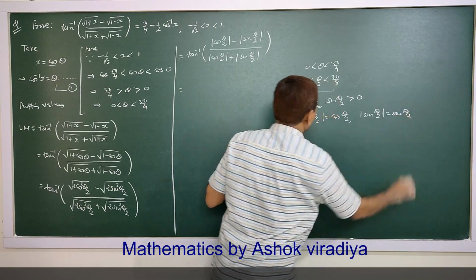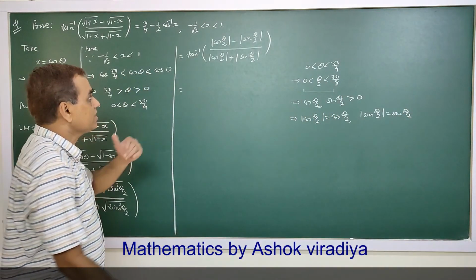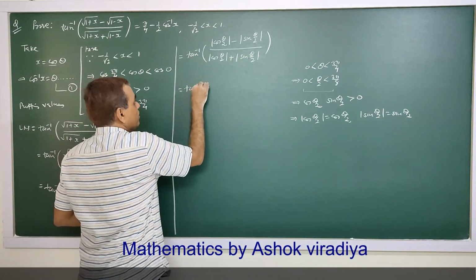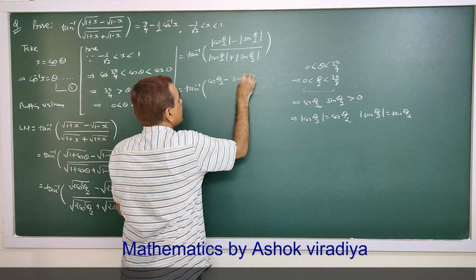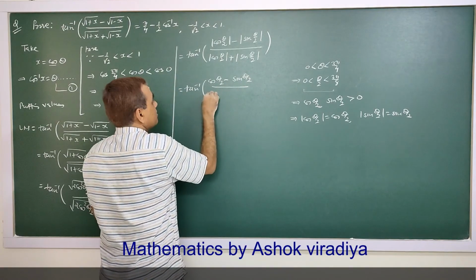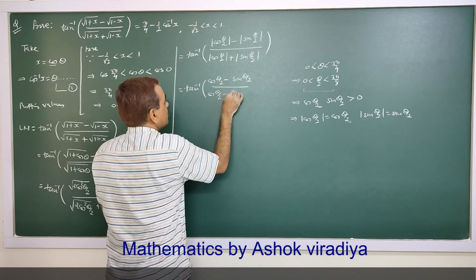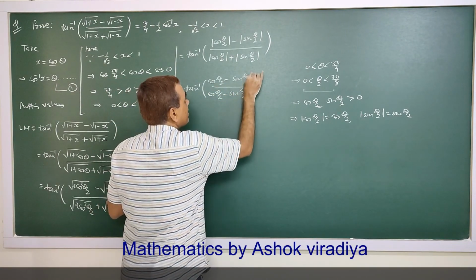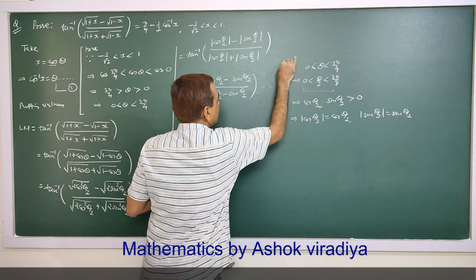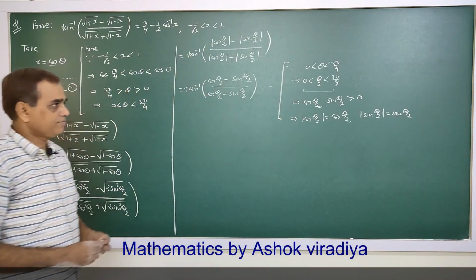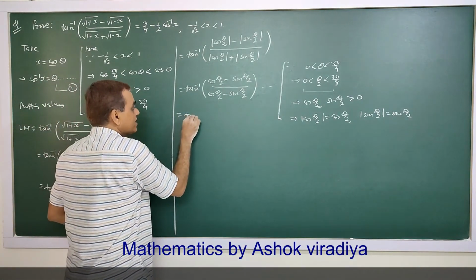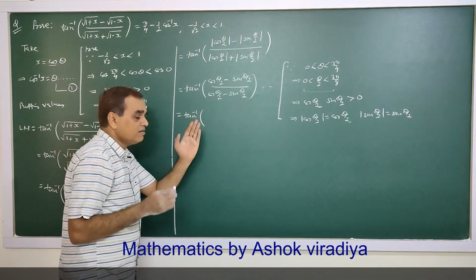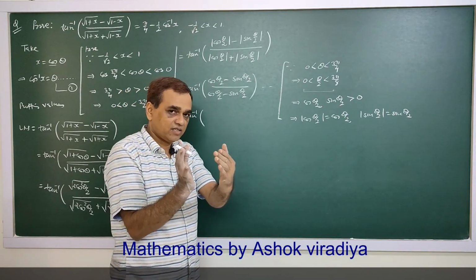So using these values, tan inverse of (cos theta by 2 minus sin theta by 2) upon (cos theta by 2 plus sin theta by 2). This is the reason for this step. Now here the outer is tan inverse and the inner we can set as tan.